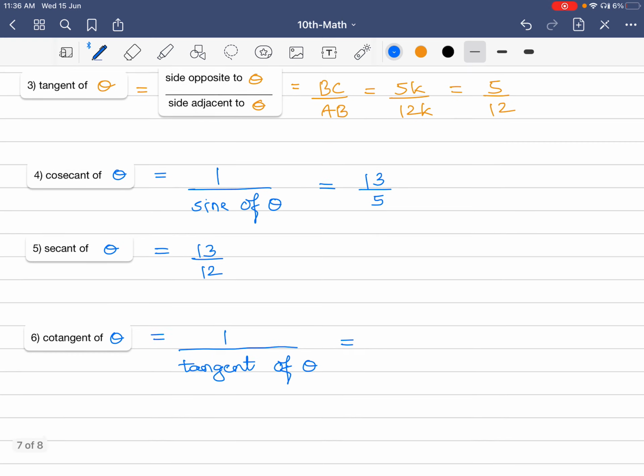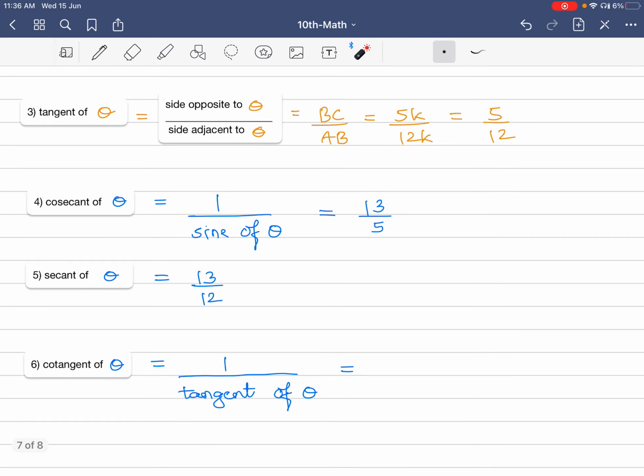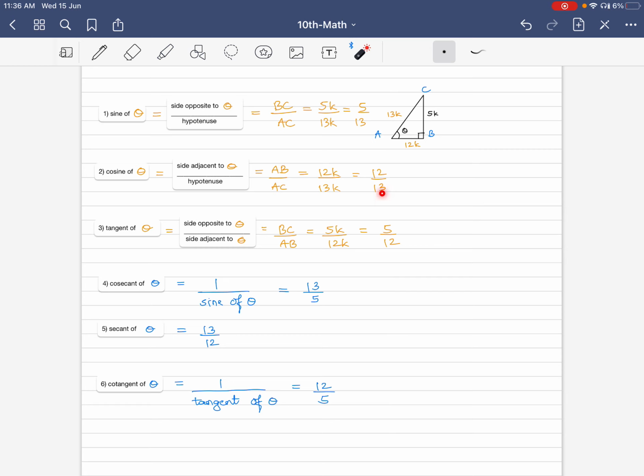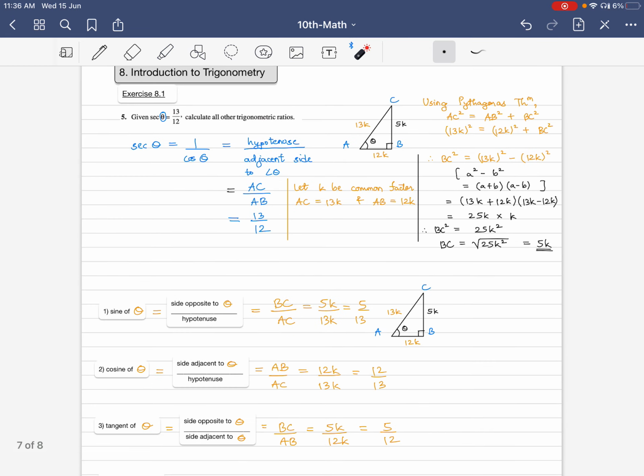We know what is tangent of theta. Here it is. Tangent of theta is 5 by 12. So we just need to find the reciprocal of it. That is equal to 12 by 5. And thus we have calculated all the trigonometric ratios from this given information where sec of theta was equal to 13 by 12.